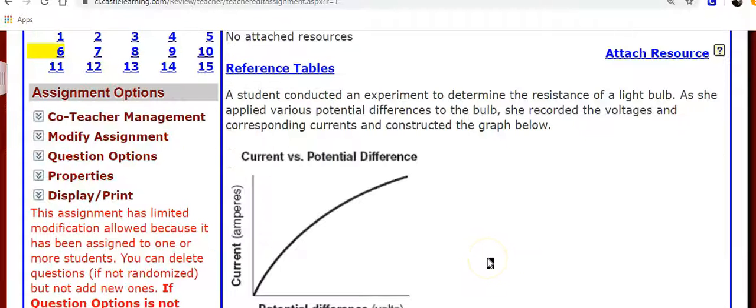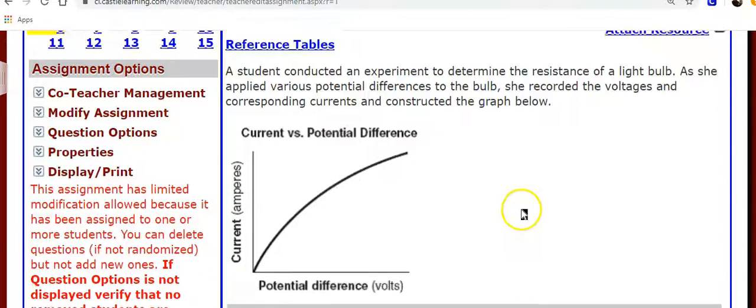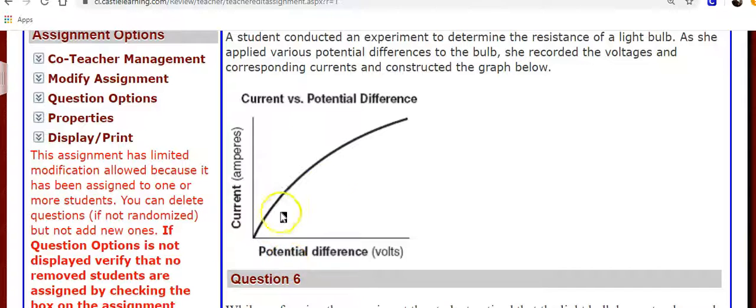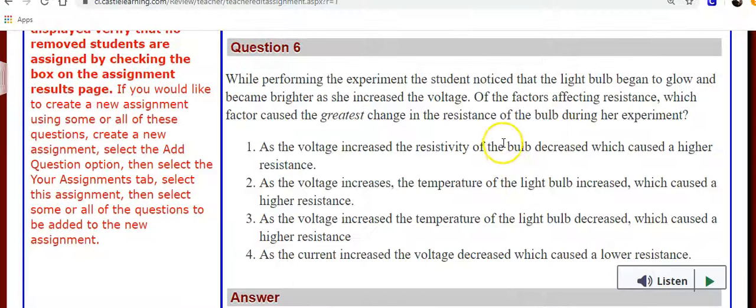And finally, we have these 3 problems, 6, 7, and 8 in the Castle Learning. This actually deals with something that does not obey Ohm's law. So light bulbs do not obey Ohm's law, and you can see that their graph is curved. While performing the experiment, the student noticed that the light bulb began to glow and became brighter as she increased the voltage, one of the factors affecting resistance.